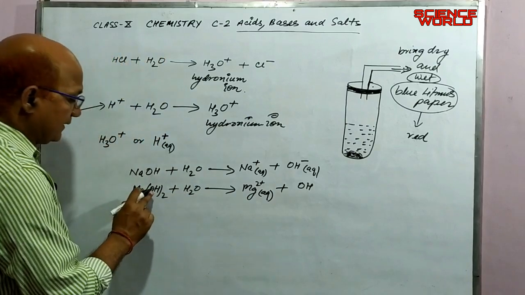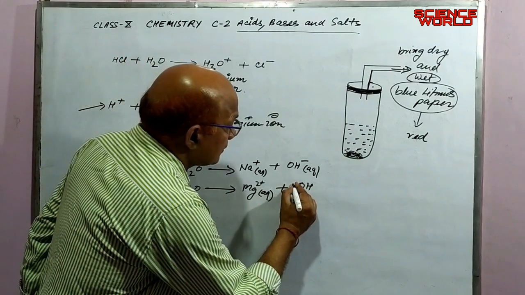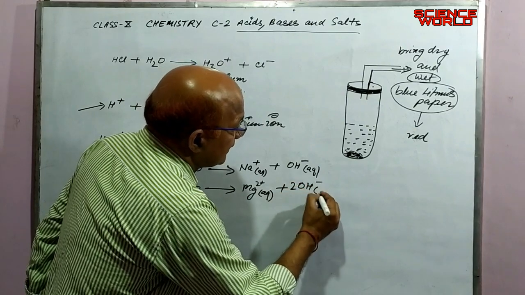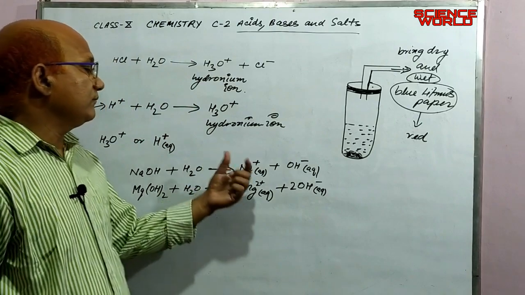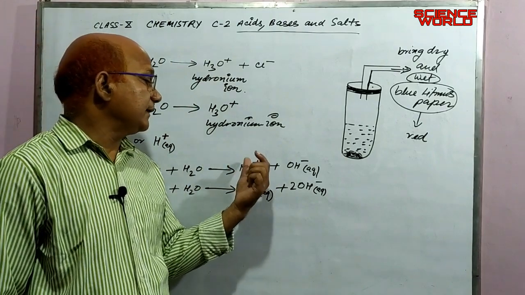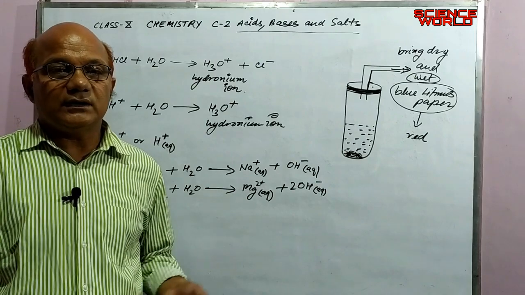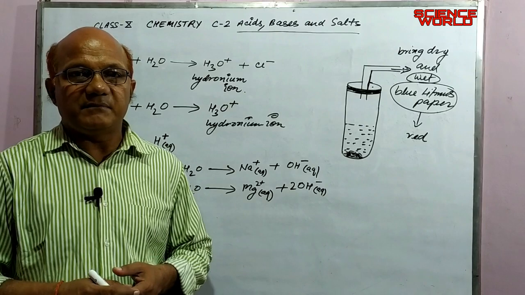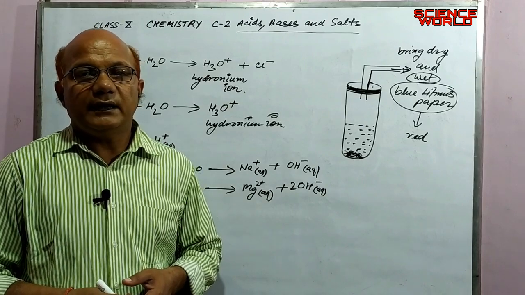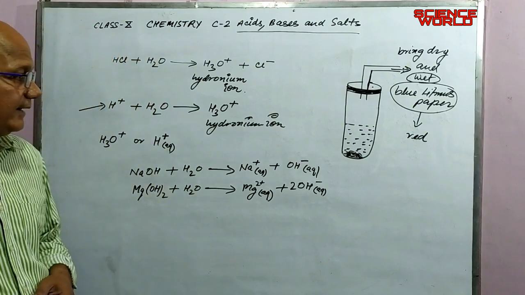In this reaction actually 2 hydroxide ions are produced. So, 2 OH minus and it is also (aq). So, actually these cations and anions are present in the solution in aqueous form, because they immediately combine with water molecules and form hydrated ions. Now, again take a screenshot of it.